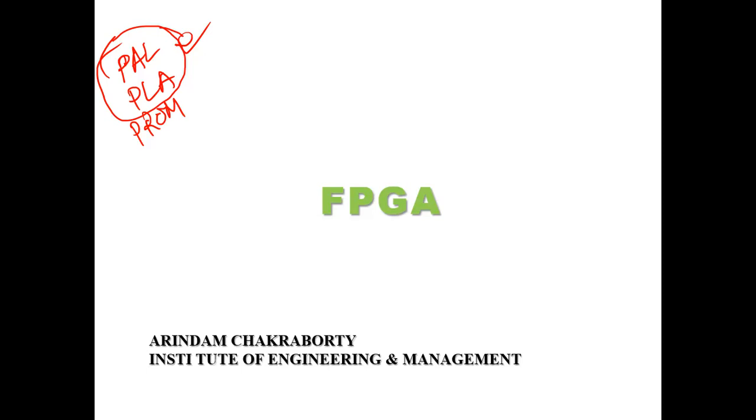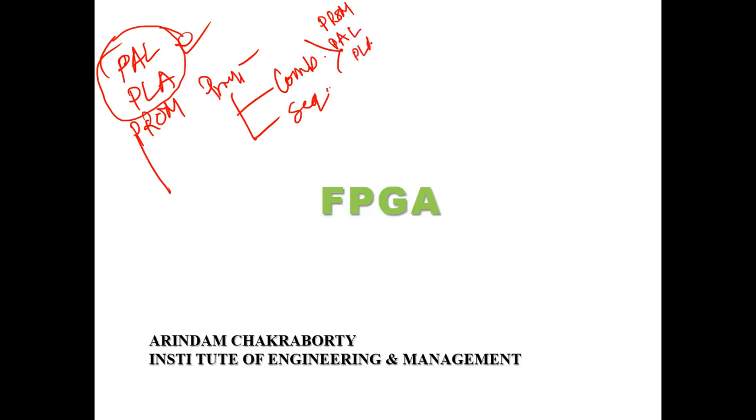So now let's see the FPGA. You remember, programmable devices are divided in two ways. First we call combinational type, another we call sequential type. In the combinational type, three different programmable devices we consider: starting from PROM, then PAL and PLA.